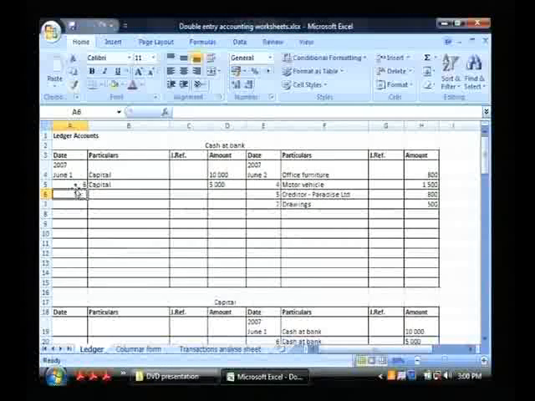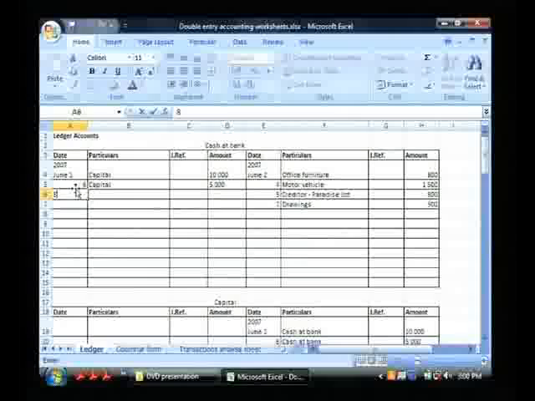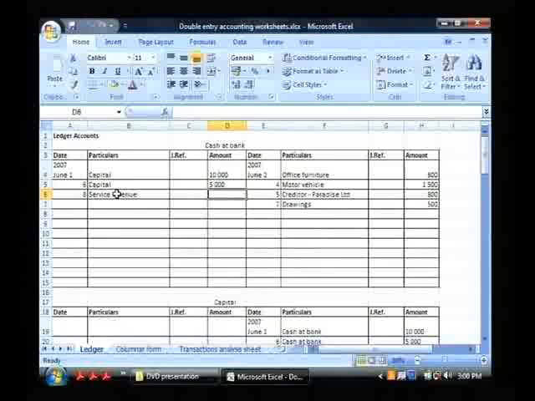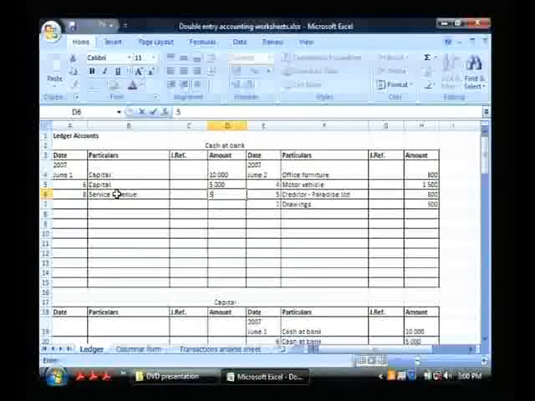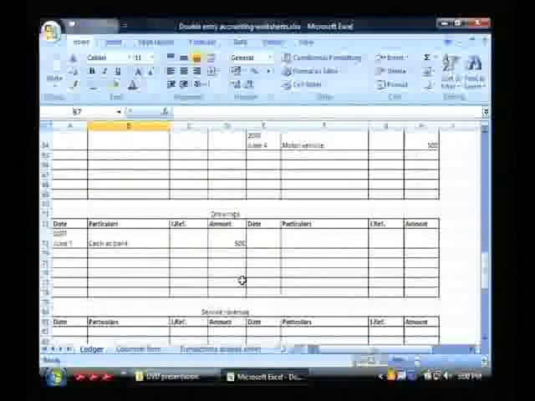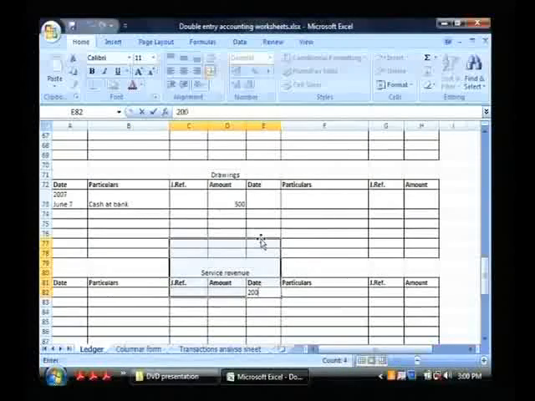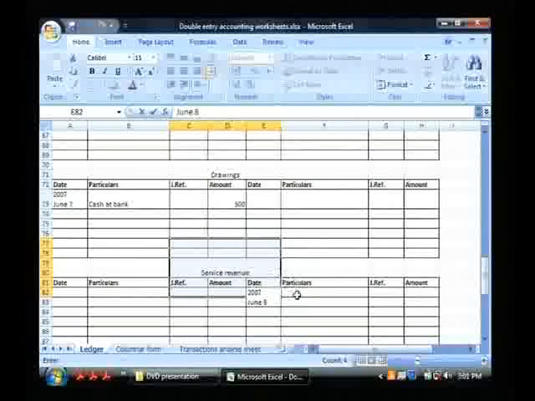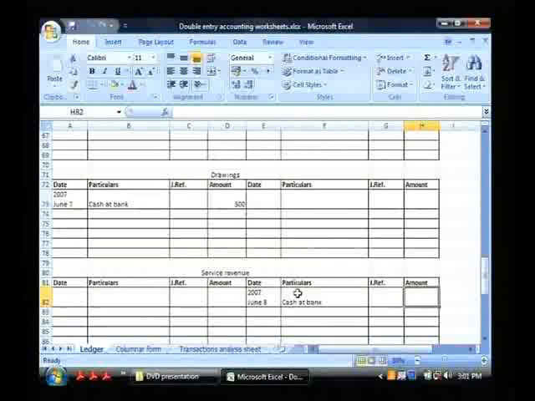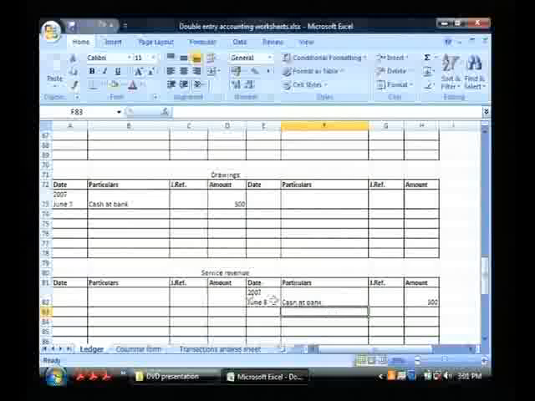Date 8, service revenue, cash at bank debit, and service revenue credit. Cash at bank here in the particulars column, amount is 500.